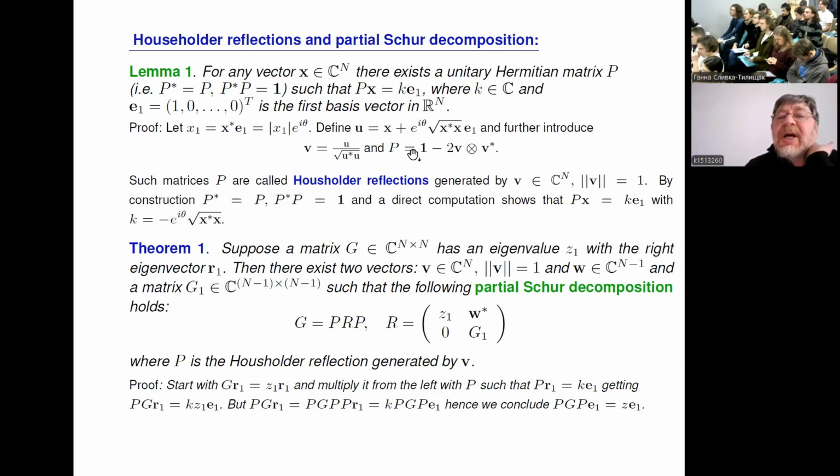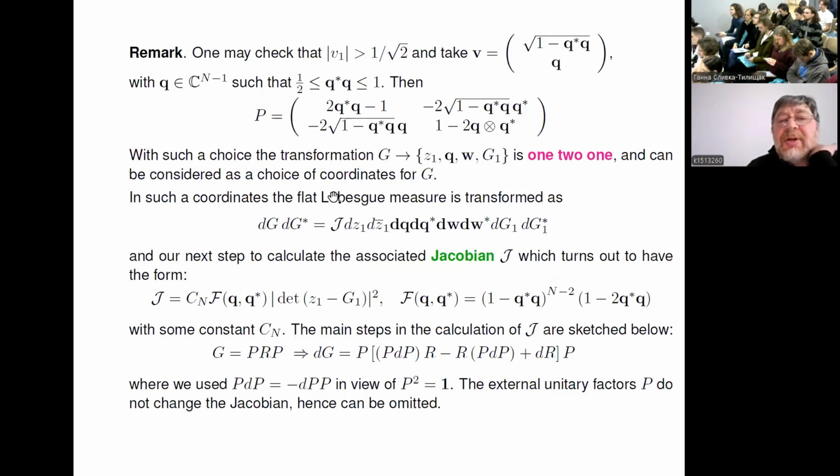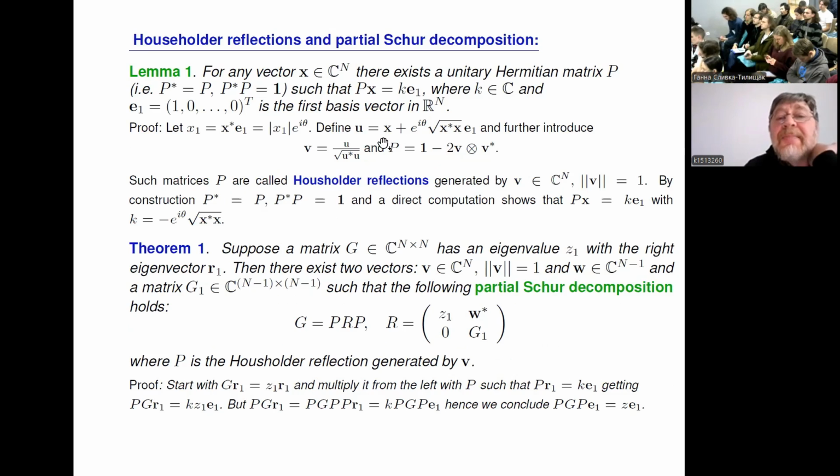Precisely such a matrix P is called a Householder reflection, generated by vector v. Hermiticity is obvious. Now multiplying it with its adjoint, one can see that from its construction it's indeed unitary.